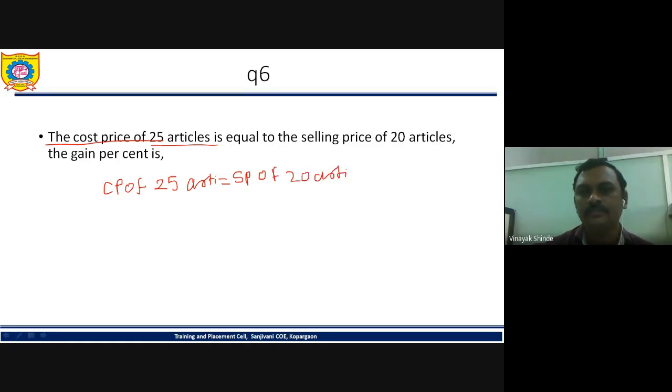For such a question, we need to assume something because nothing is given in rupees. Only one line is given.